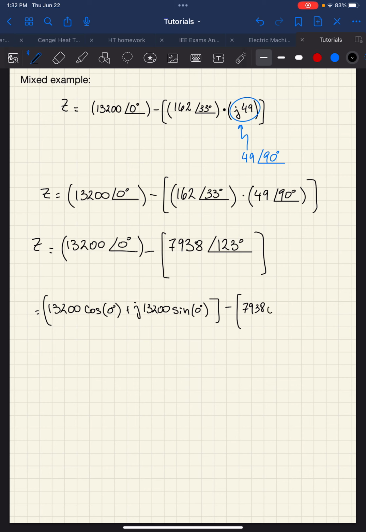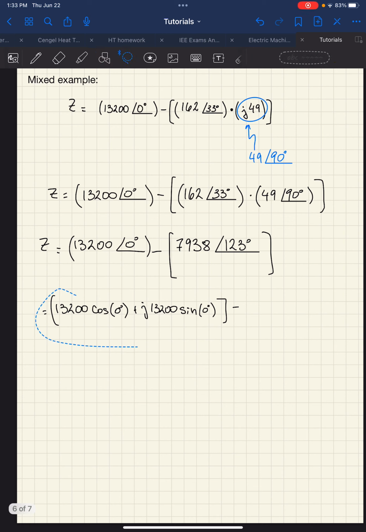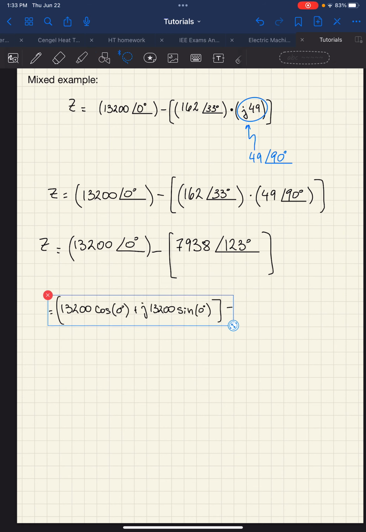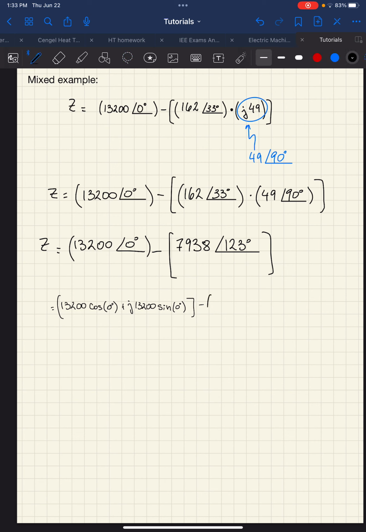This one, you have to do it. There's no way around it. So it's cosine of 123 degrees, and then here we're going to have the j, sine. It's not going to fit, but we can force it to fit. Okay, we'll make it fit.